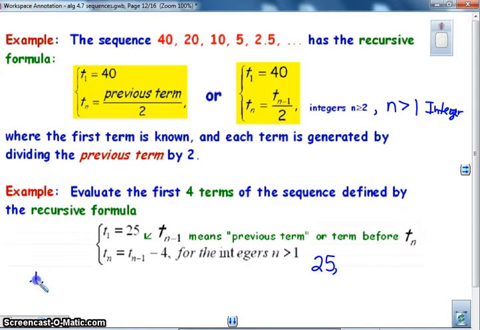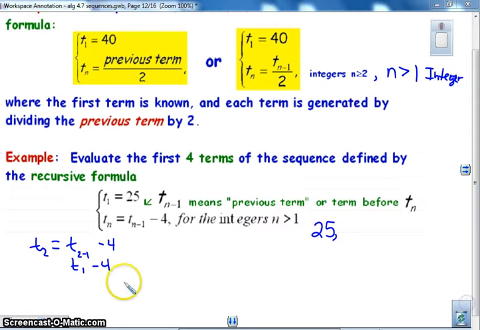We now want to find t sub 2. Well, that means t sub 2, the second term, has to always use term n minus 1. What is our n? Well, ours is 2 minus 1, and then we subtract 4. So we're actually taking term 1 minusing 4. Term 1 was 25. 25 minus 4 gives us 21 for our second term.